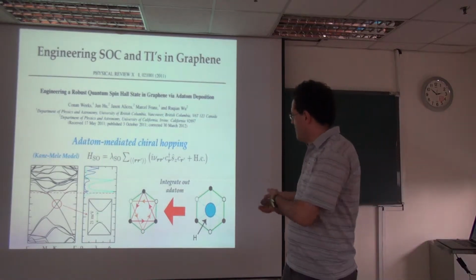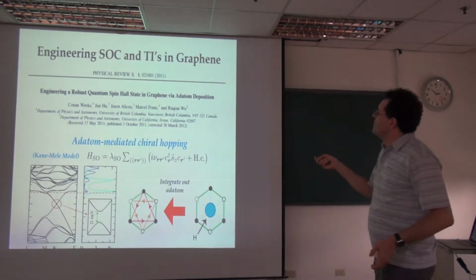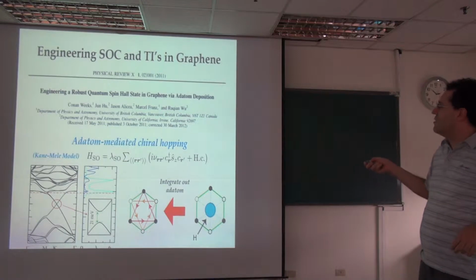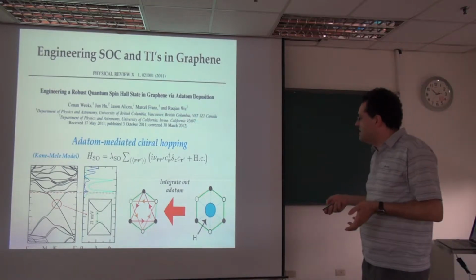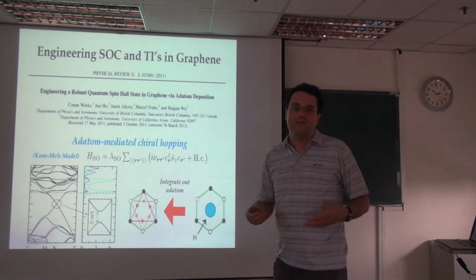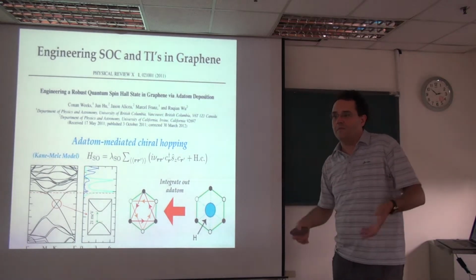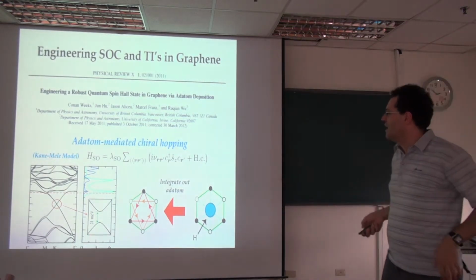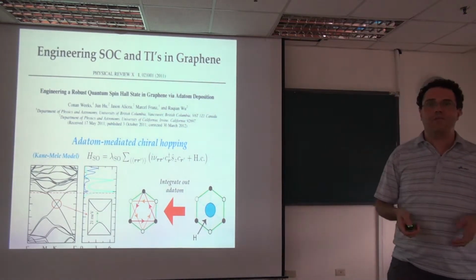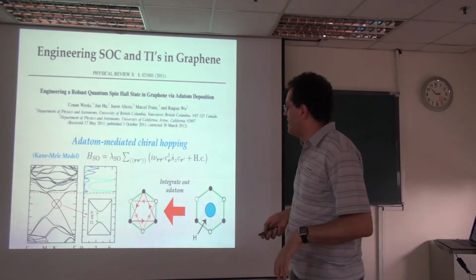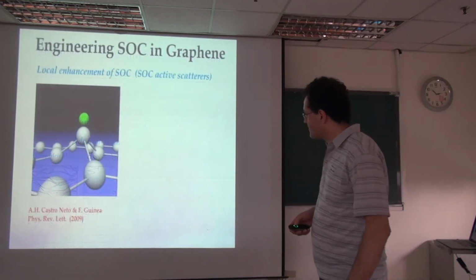So, these authors argue that by doing this, one could turn graphene, a system that lacks much spin orbit coupling, into effectively a system with strong spin orbit coupling, which would become a topological insulator.